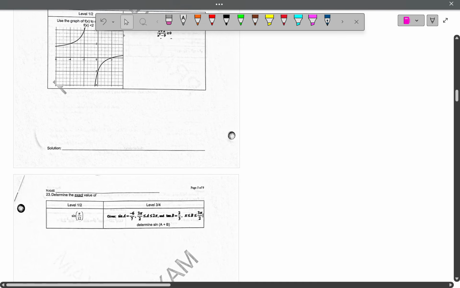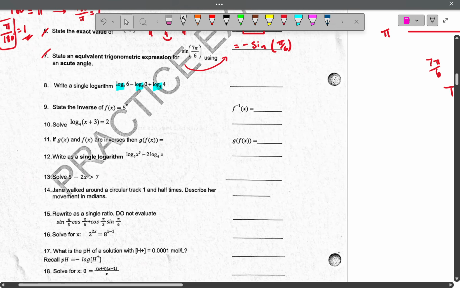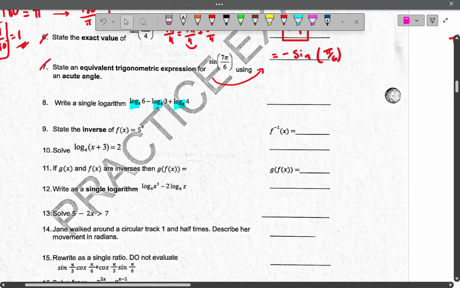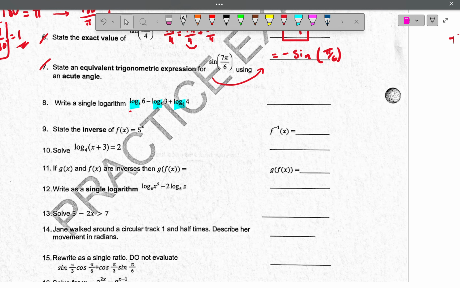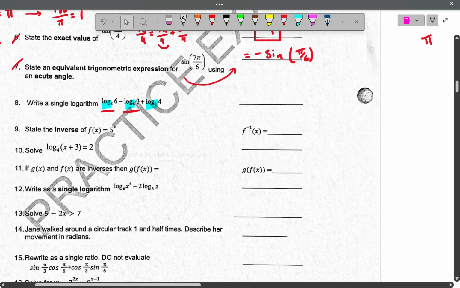So if we look at what we have so far, we have log base 8 on all of them, so two logarithms of the same base that are being subtracted from one another. The first two, the 6 and the 3, can be written as a quotient, or dividing the two of them.